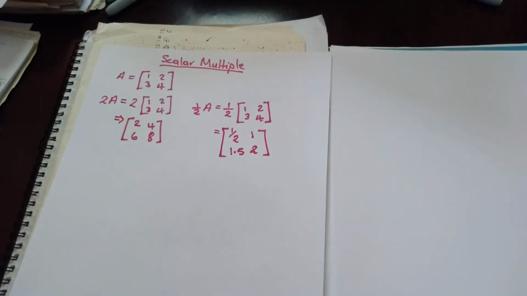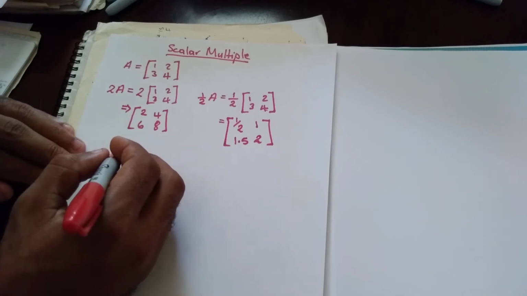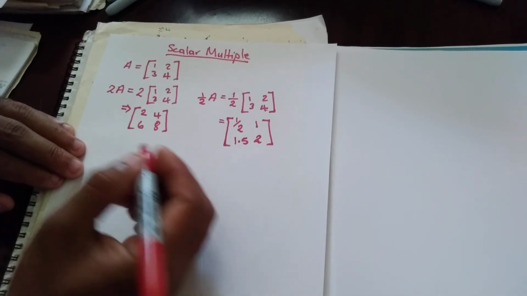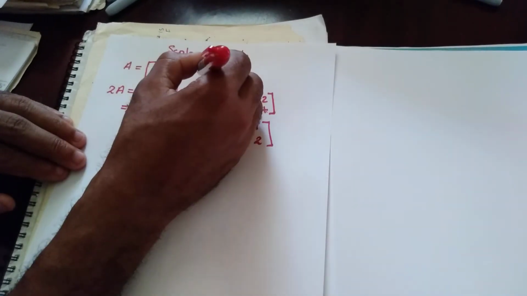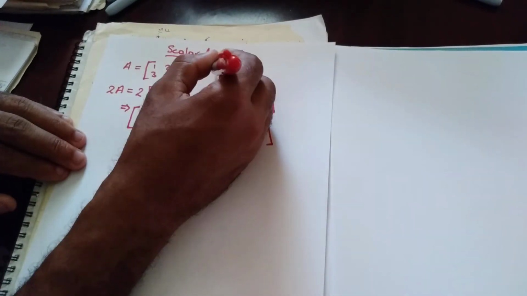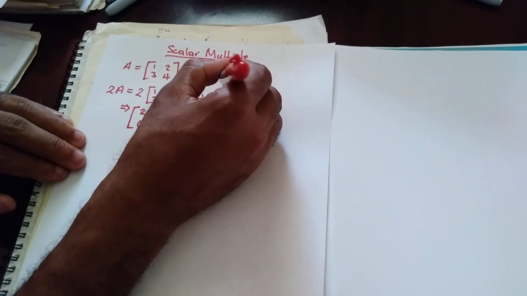Now hopefully students understand that. So let's reverse the question. Let's say we introduce another matrix B, and B is 1, 0, 0, 1.